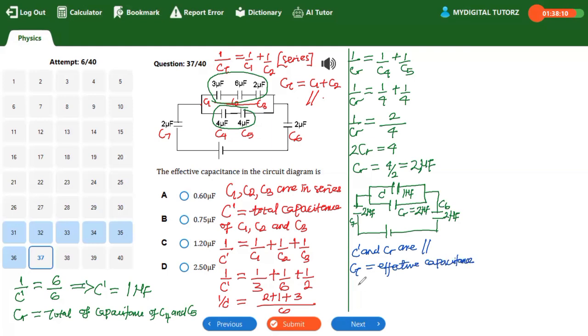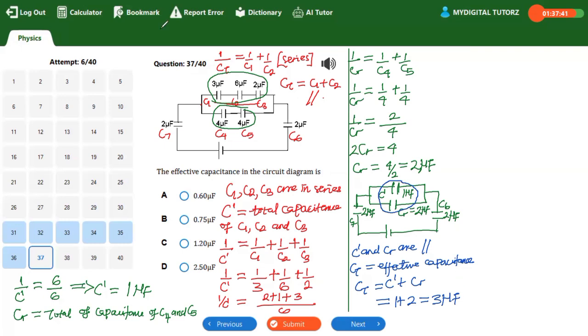If they are in parallel, remember the formula, we just add. So C prime is 1 microfarad plus CR, which is 2 microfarad, to give us 3 microfarad. So the whole of this has become a single capacitor of capacitance 3 microfarad.